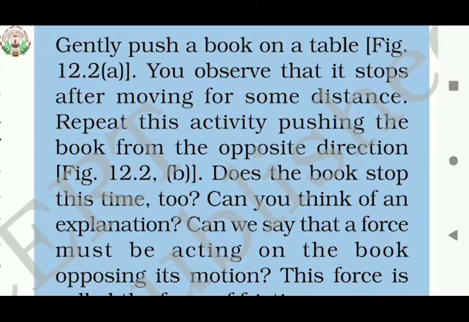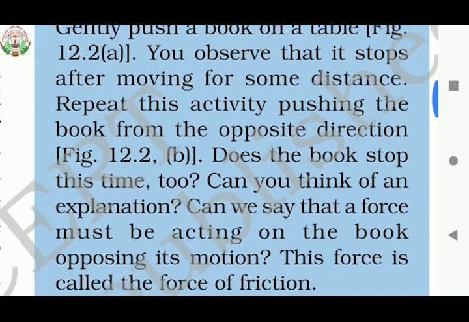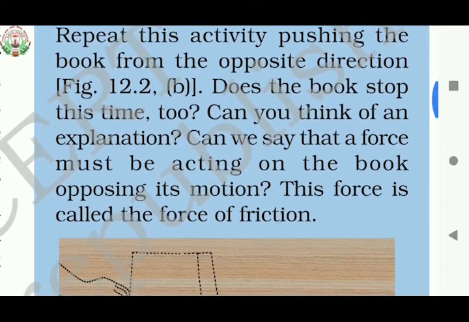Which force is acting on the book? Can you say? This force is called the force of friction. So what is force of friction? Force of friction is an opposing force which reduces the motion of the object.